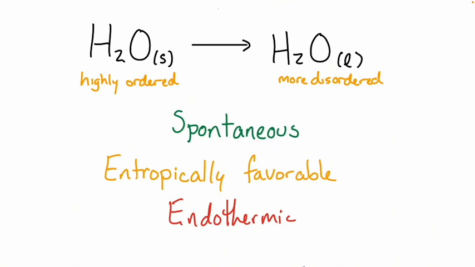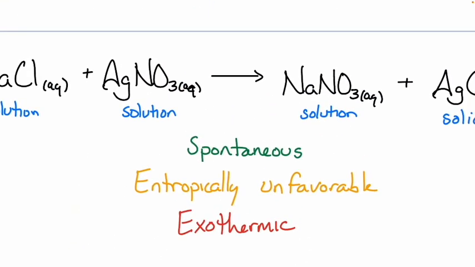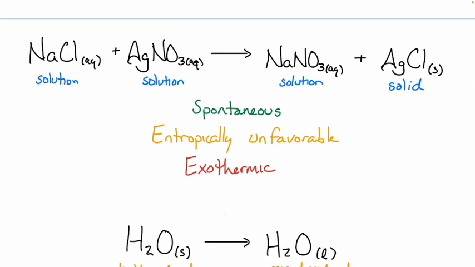All right, it's entropically favorable because you're creating a more disordered state, but it's an endothermic reaction, right? So again, we got this push-pull going on between our entropy and our enthalpy. And on the flip side, we saw the exact opposite, talking about these precipitation reactions that you did in lab. This was another reaction that you saw occur in front of your eyes, right?